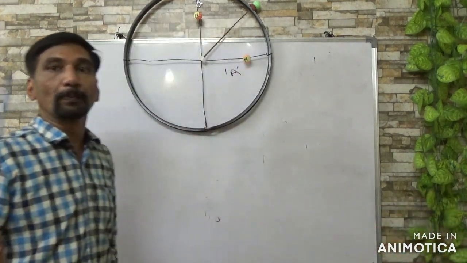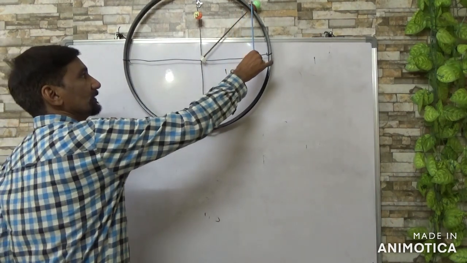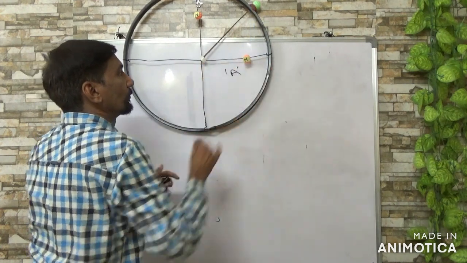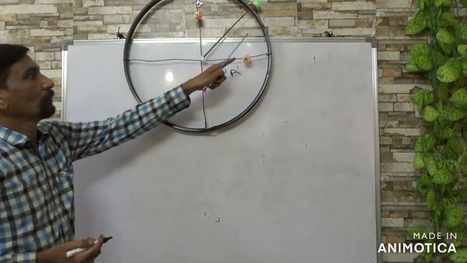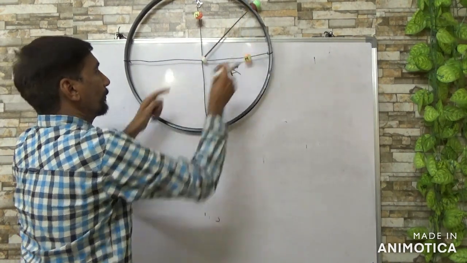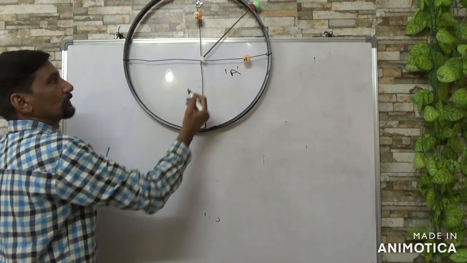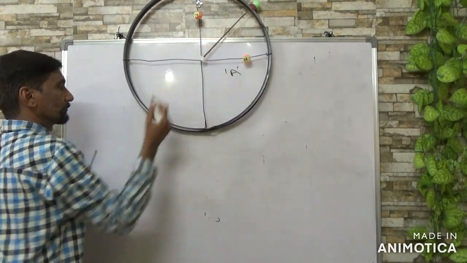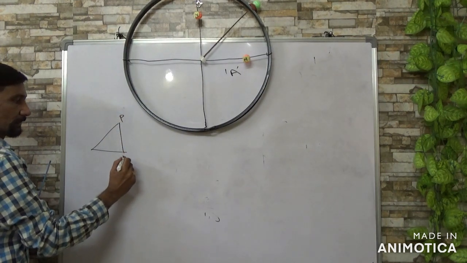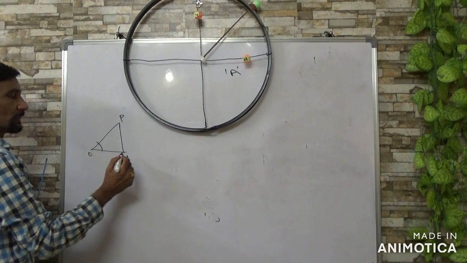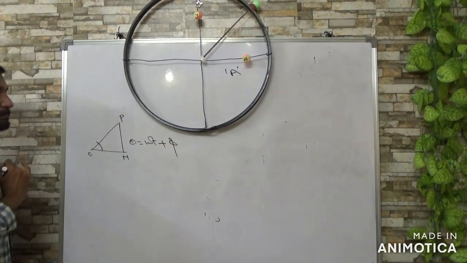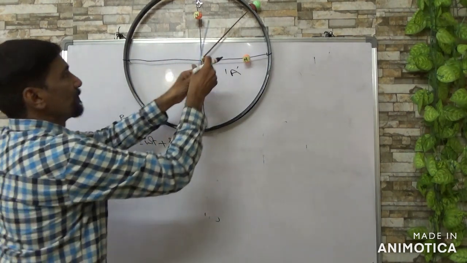By dropping the perpendiculars, this one, say x, OM. You know this is the total angle, angle PMO, theta. The total angle is omega t plus phi. You want this part, OM.